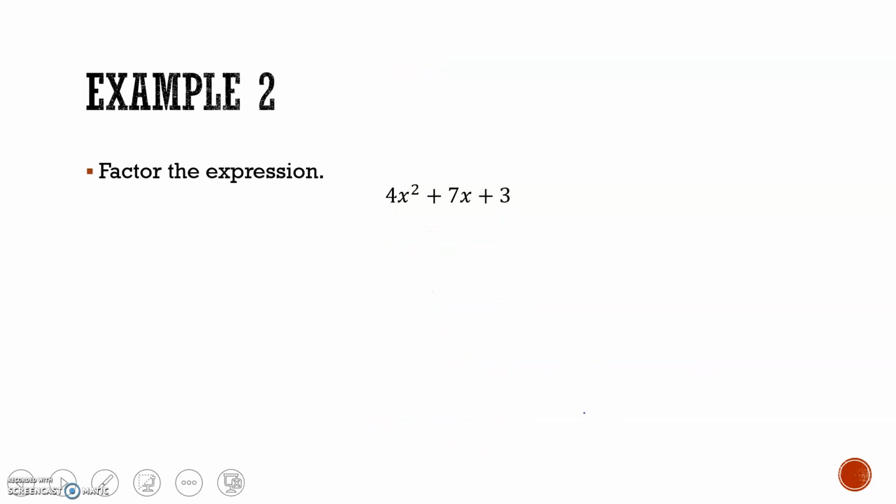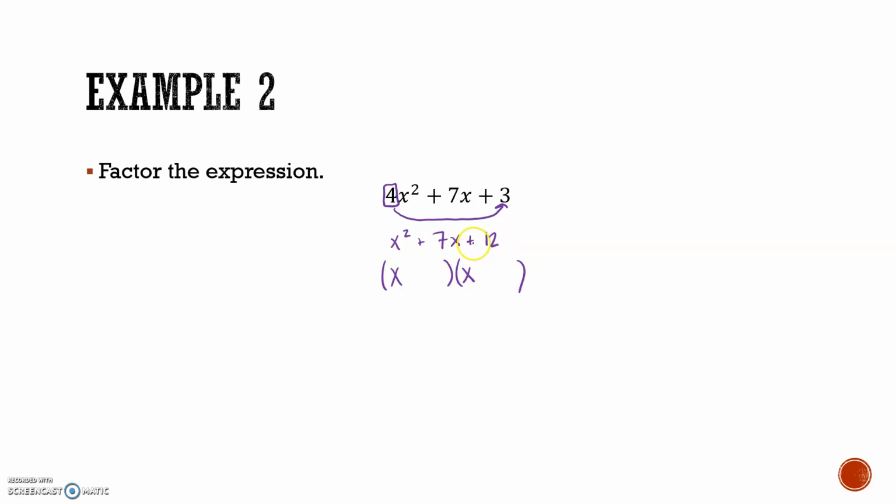All right. GCF check, 4, 7, 3. No, this one doesn't have an x, so that's no GCF. But I'm going to take this 4 and I'm going to multiply it by 3. Now, when I go to factor this, I'm going to draw my 2 sets of parentheses, split up my x's.